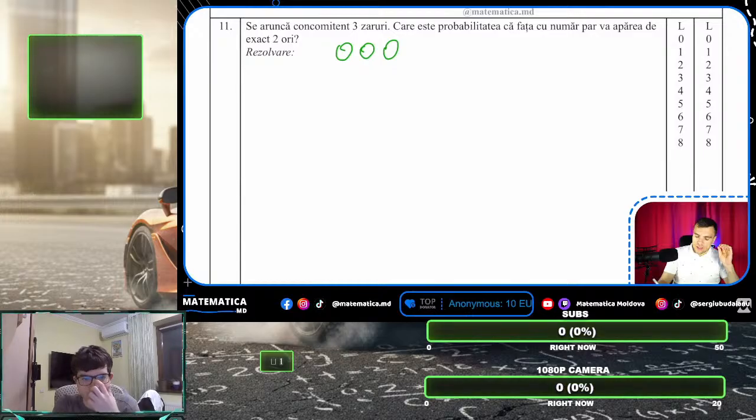Now, essentially, you just work with plus and minus here. It can either be plus, plus on the first two, so they're with 2, 4, 6 on the sides, and minus on the last one because 1, 3, 5. And then we have plus, minus, plus, and then minus, plus, plus. Now we just solve the first row.